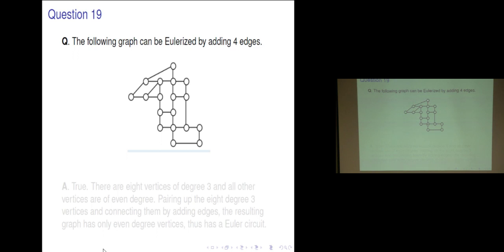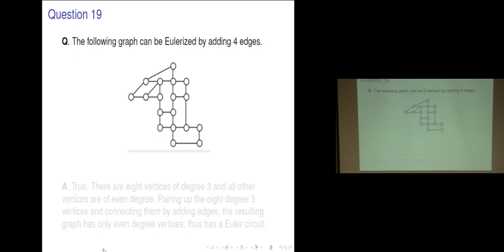This part is even. This is 1. The other 3 are even. So 1, 2, 3, 4, 5, 6, 7, 8. So we have 8 odd vertices.